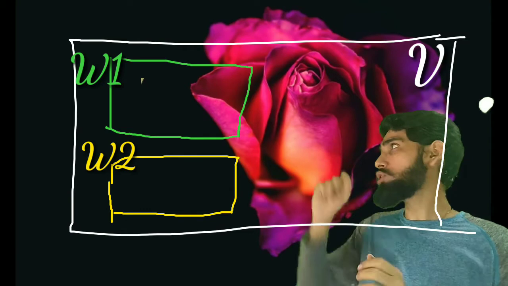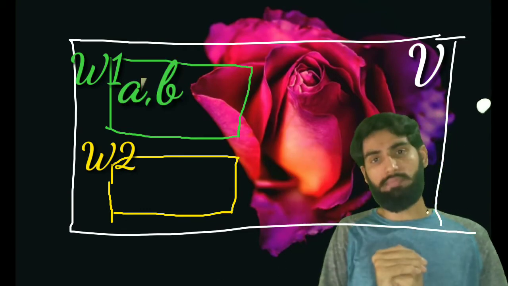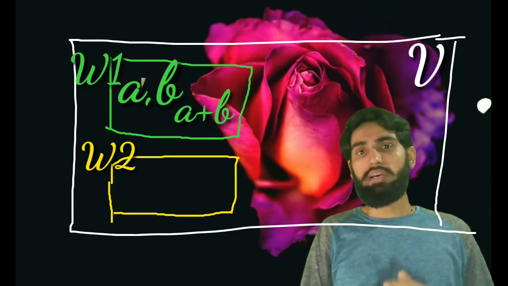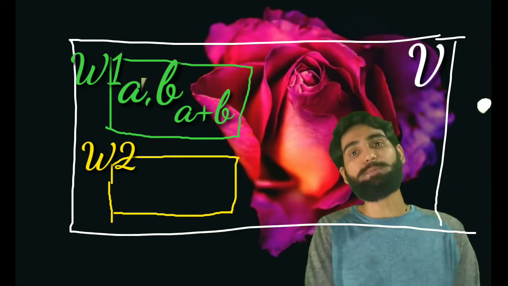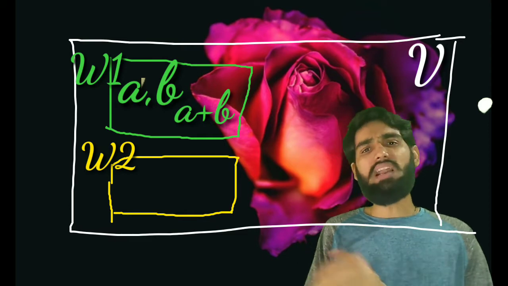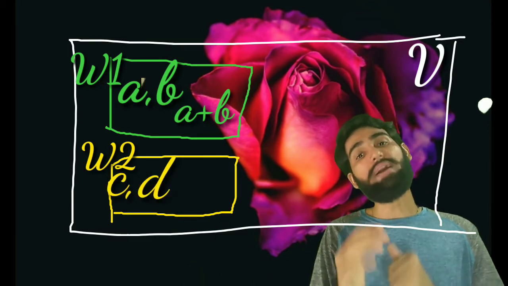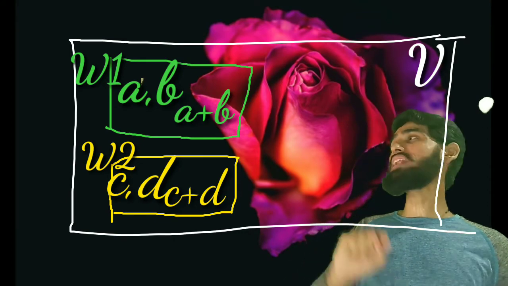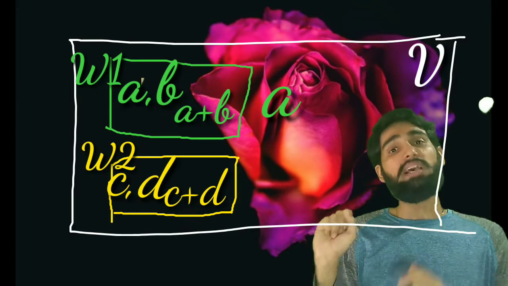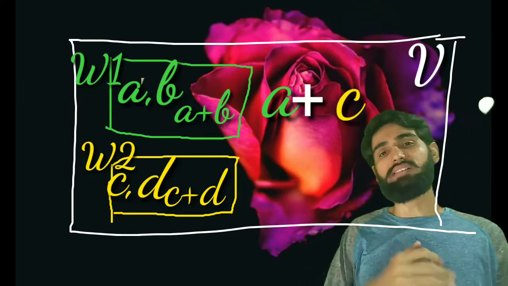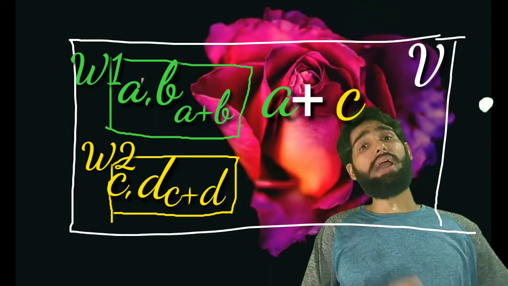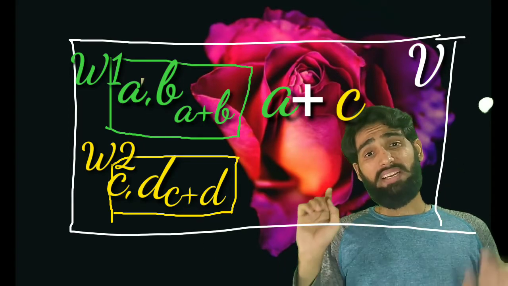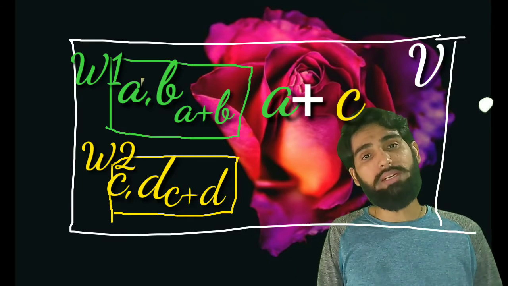Suppose I consider two elements from the first vector subspace and I add them. The new element that is formed is still inside that vector subspace. Correct? Similarly, it happens for the second vector subspace also. But suppose I add one element from the first vector subspace and one element from the second vector subspace, then the new element that is formed will be inside V. But is it necessary that it will be inside the union?